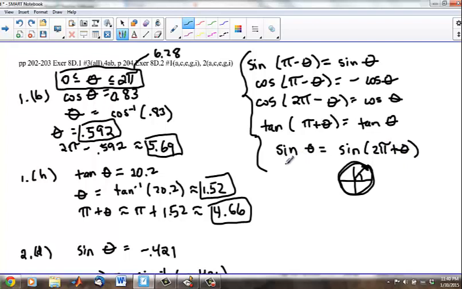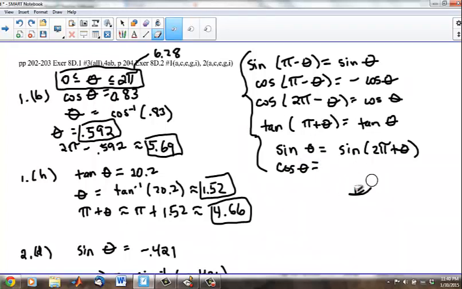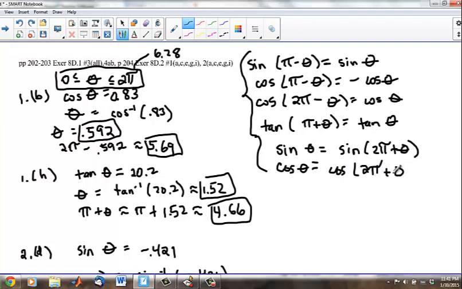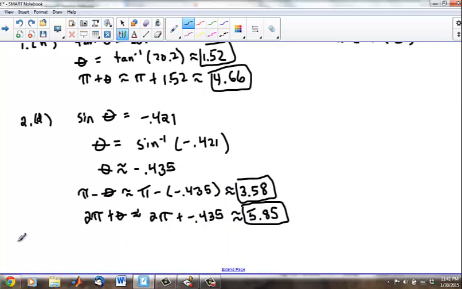And just remember that cosine is also periodic, similarly to the sine, every 2 pi radians, which is 1 revolution. Alright, I hope that helps, and let me know if you have any questions.